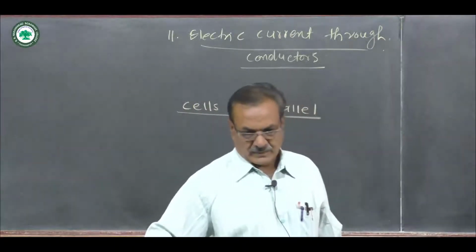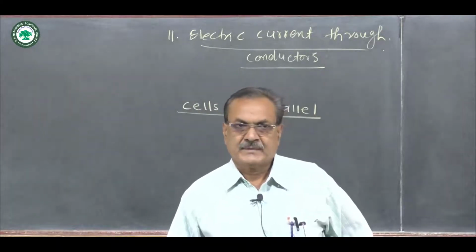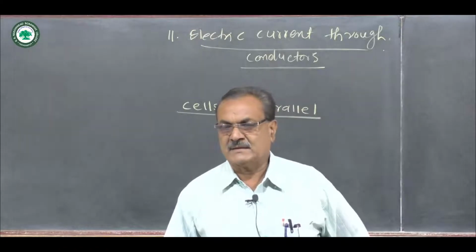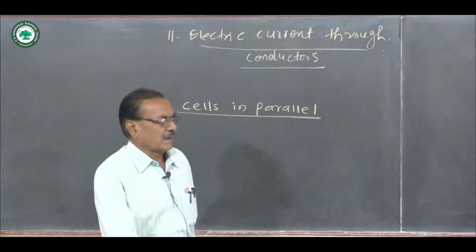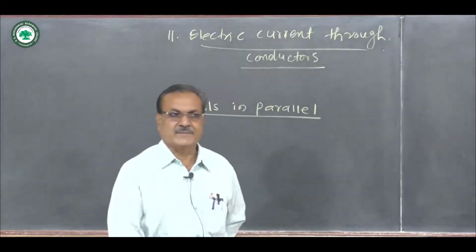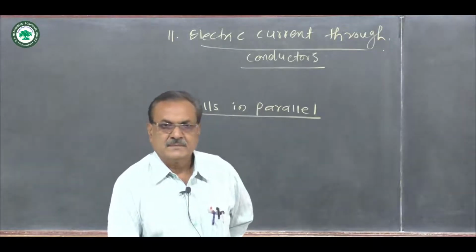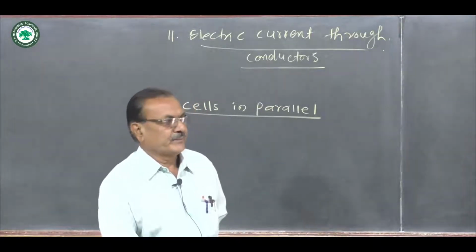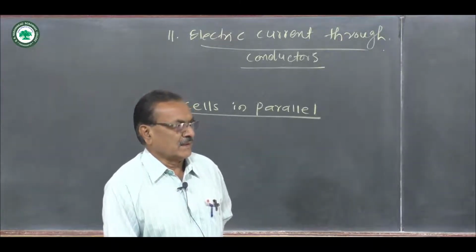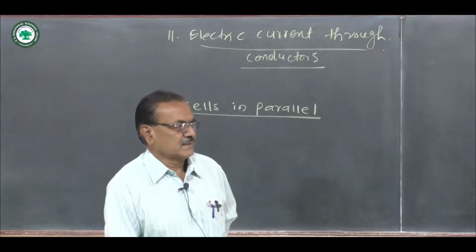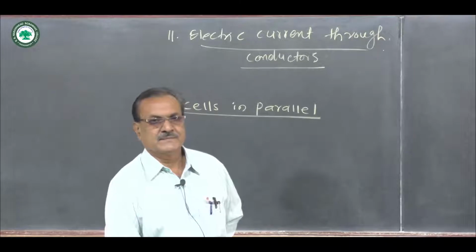Now, last time we saw cells arranged in series, and what the equivalent EMF across the series combination will be. When cells are arranged in series, the equivalent EMF or voltage increases.